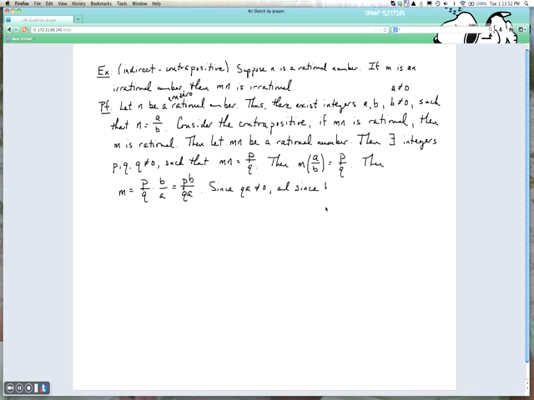And since both PB and QA are integers, then M is a rational number.